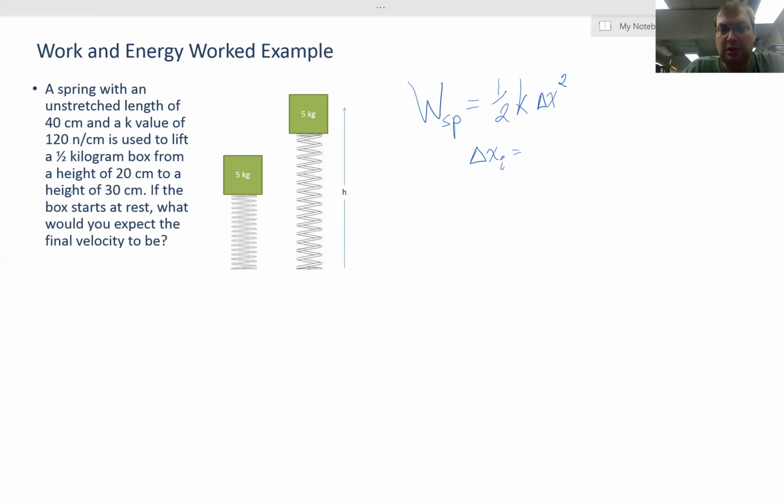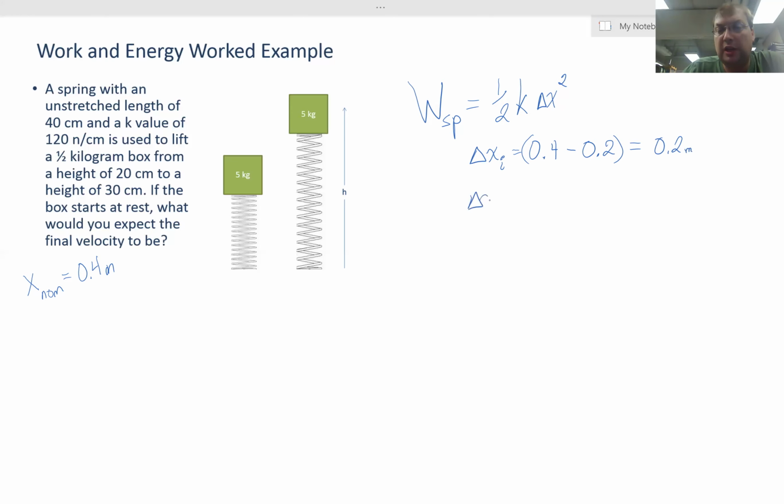If we work in meters, we have x nominal, which is 0.4 meters. Our initial length is this 0.4 minus the 0.2 that it starts at, so our initial compression of the spring is 0.2 meters.